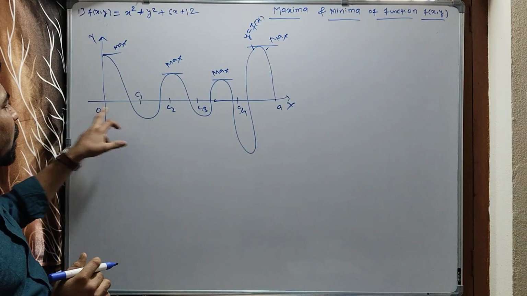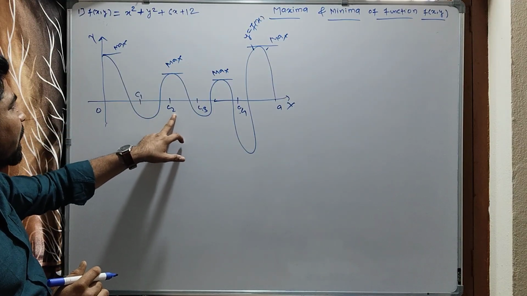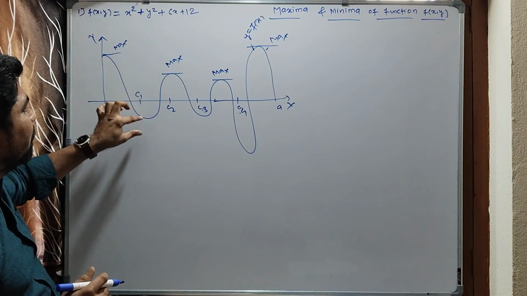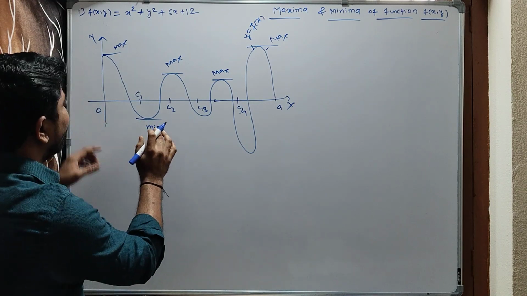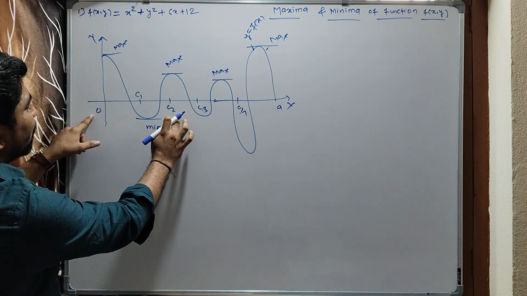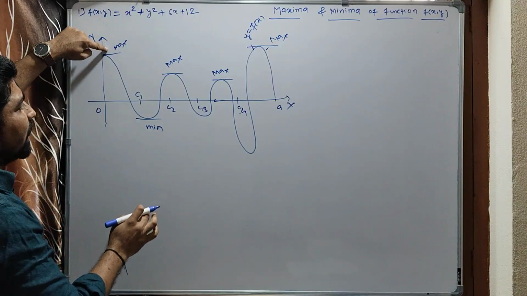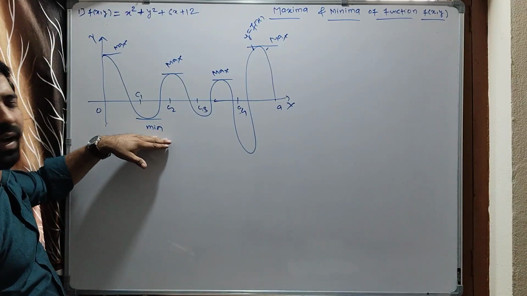From 0 to C2, my function takes a maximum value here and a minimum value here. So let's say from 0 to C2, my function takes one maximum value at this point and one minimum value at this point.